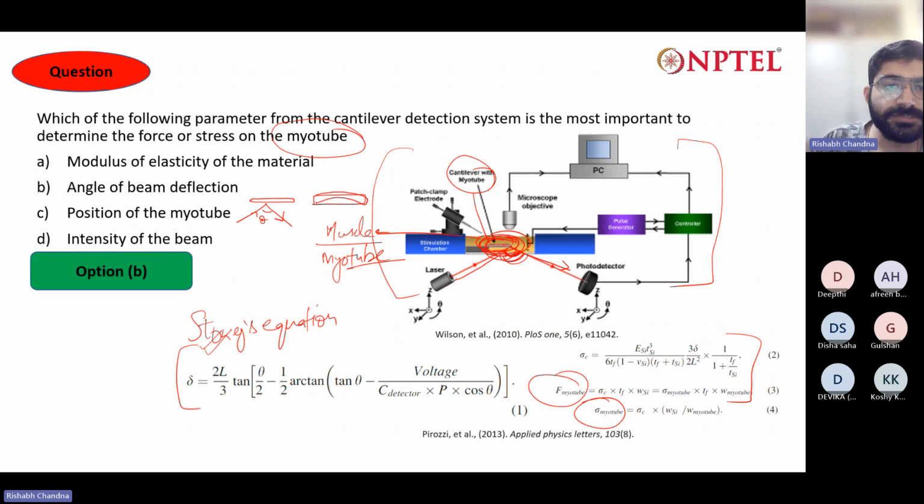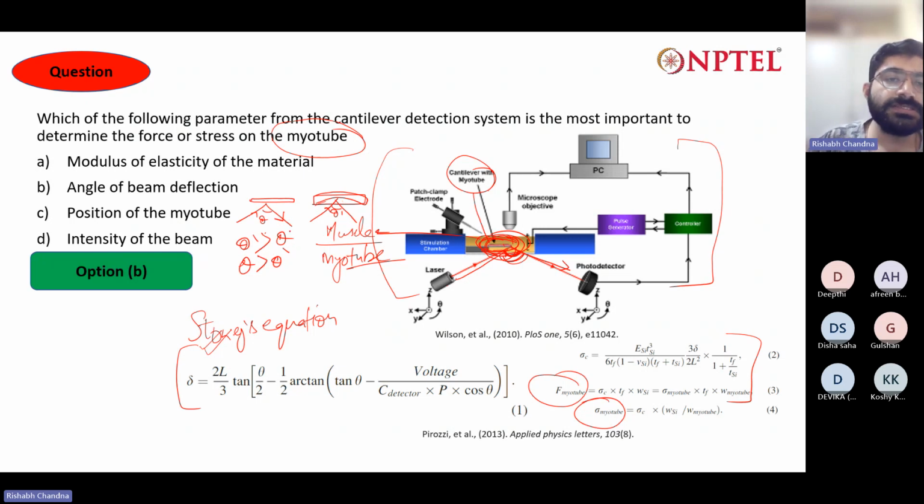Okay, now the muscle is being bent. So now when we put the beam, the angle of deflection will be, suppose, theta prime, so it will be different. Theta prime can be more than theta, or theta prime can be less than theta. Okay, depending upon whether it is relaxing or contracting.